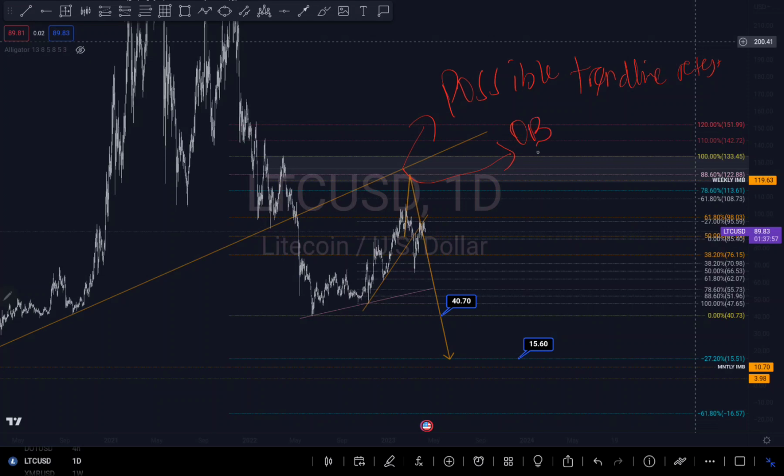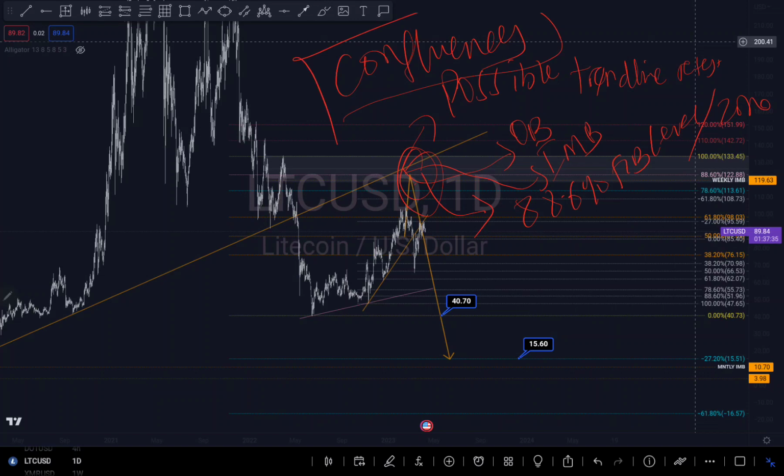There is another block, and also there is an imbalance right there, and that also aligns with my 88.6% fib level or zone. So that's why I said there's a possibility we might get there and reject off that level before we move down. So those are the confluences I saw that it might happen.